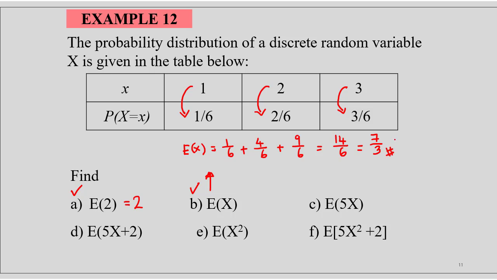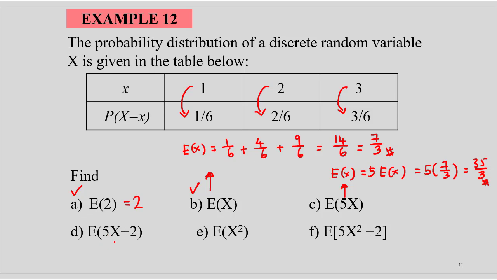Once you have 7 over 3, E(5X) is automatic. The variable is 5X, which represents 5 times the existing expected value. Therefore you get 5 times 7 over 3, which is 35 over 3.